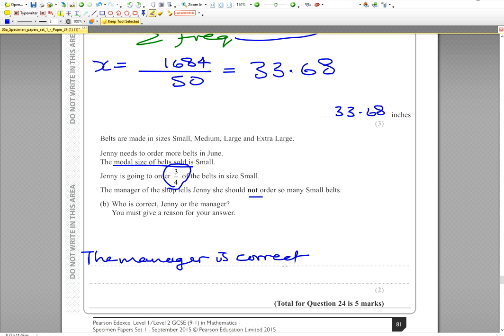The manager is correct, but as only half of the customers bought small. Is it ordered or orders? It's talking about buying, isn't it?